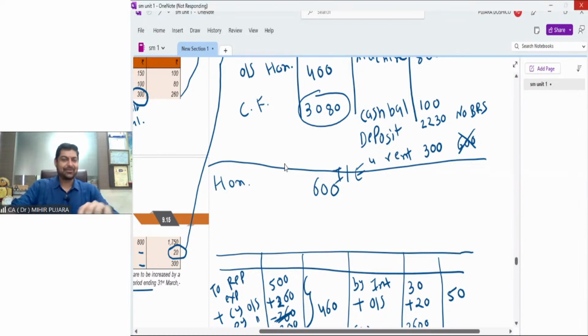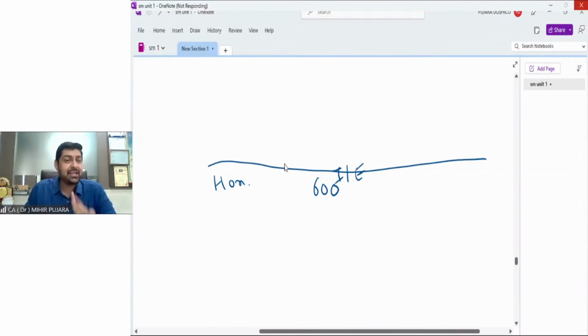Okay. Now, if somebody says, sir, why should I not debit 400 in INE? Dear, it is not required because it is of the last year. We need to write only the expense of the current year.